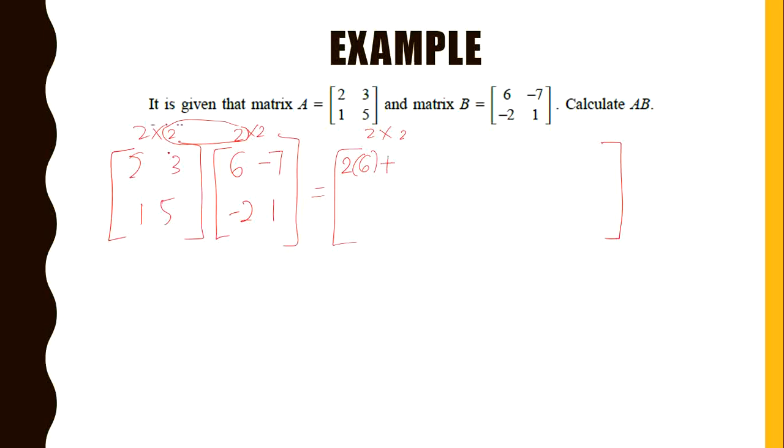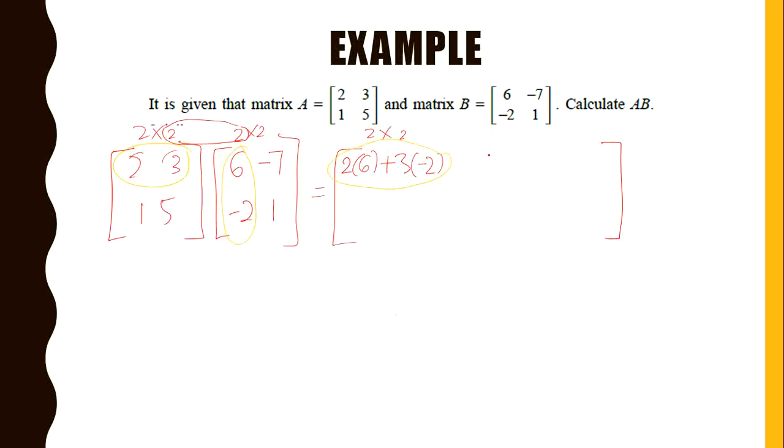Plus 3 times negative 7. Plus 3 times negative 2. Okay, so ini adalah elemen pertama di row pertama dan kolom pertama untuk hasil darab. Yang ni darab dengan yang ni. Kita letak kat sini.